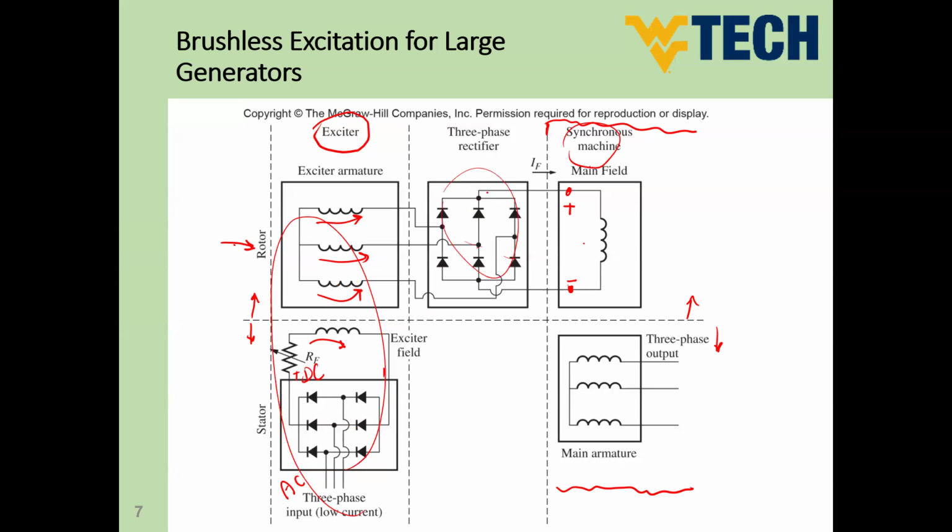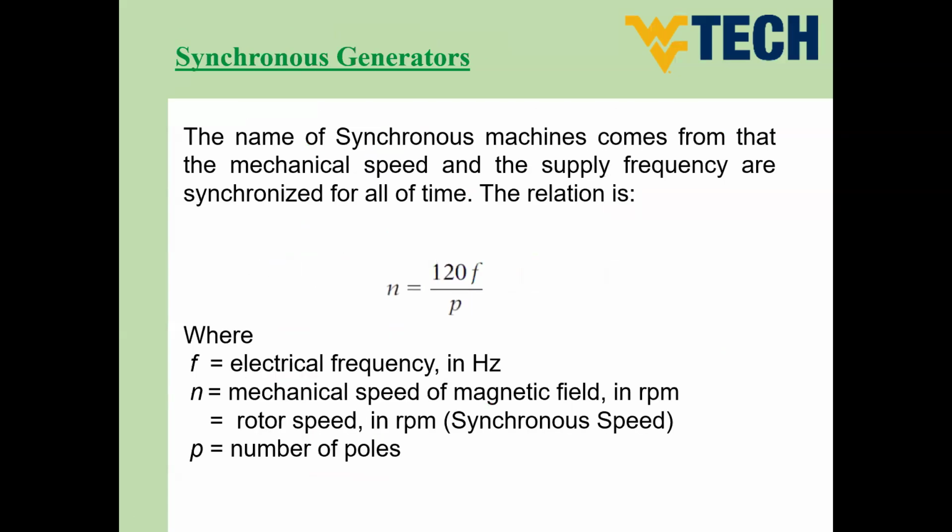So this will rotate all of the time, converting the generated voltage on the exciter from AC into DC to supply the main field winding of the synchronous machine. How the exciter here could generate this AC, let me show you that simply in another slide here.